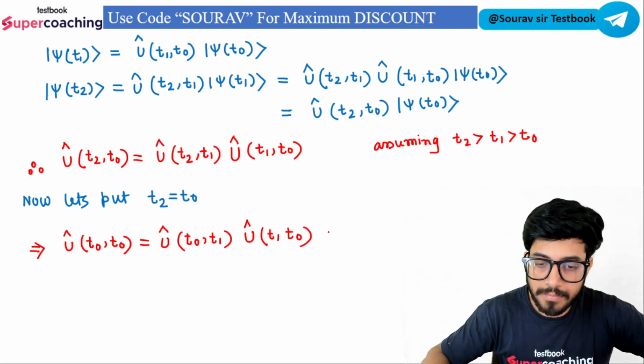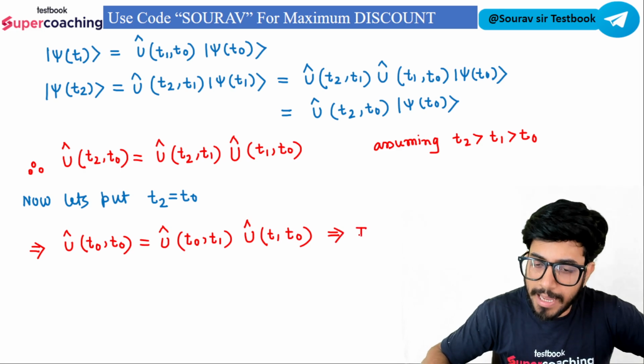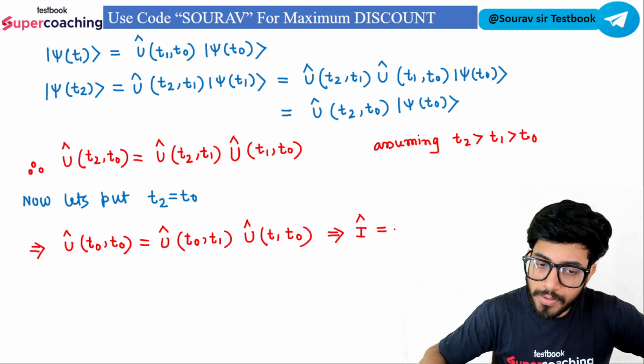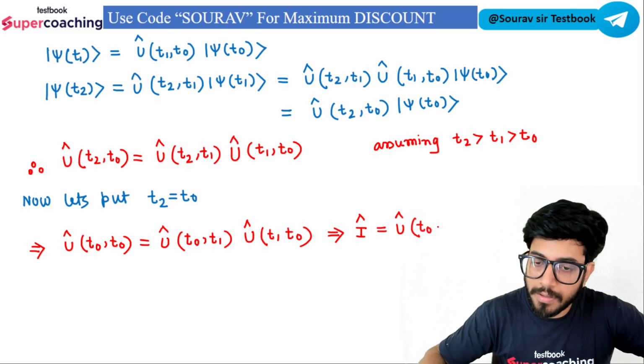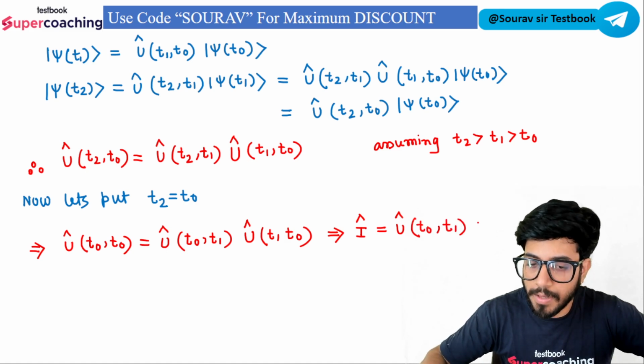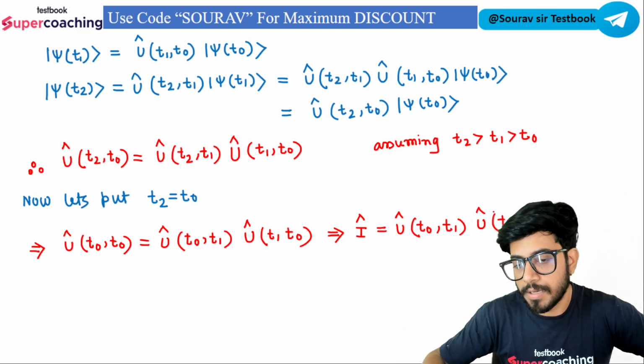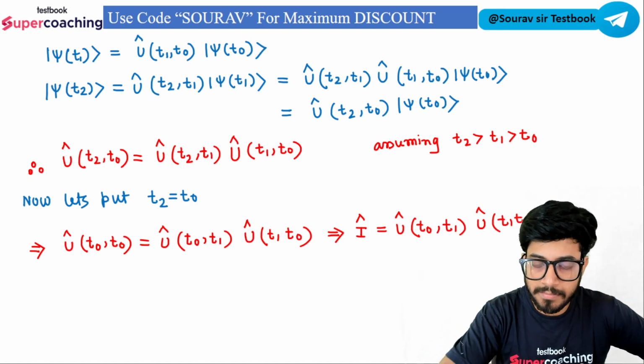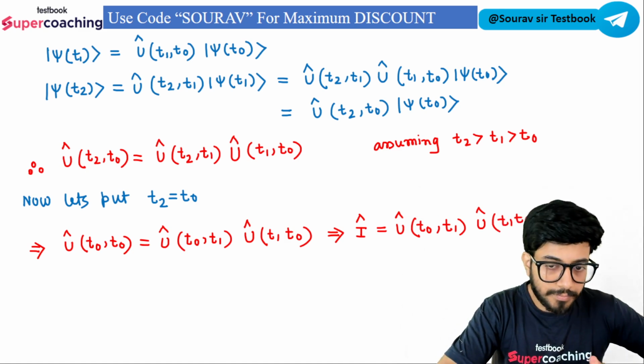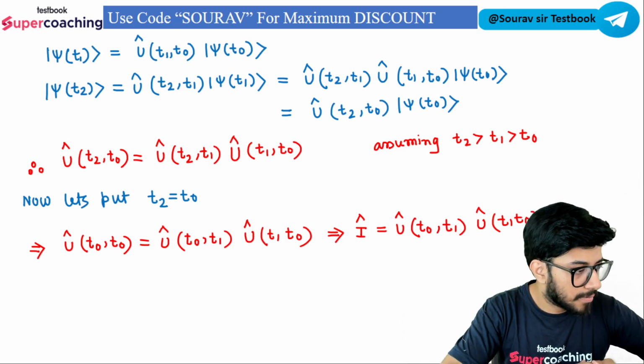So I cap is actually equal to your u cap of t naught t1, t1 t0. I know this.